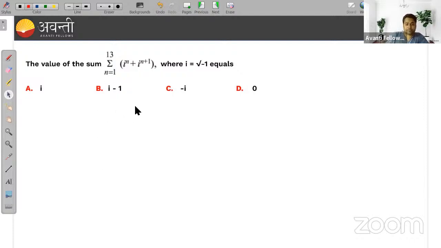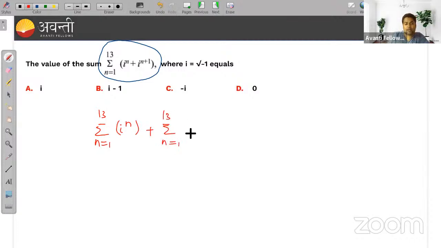To find the value of this summation or this series, just open the sigma. If you open the sigma, what will you get? Summation n equal to 1 to 13, you can write this as I to the power n, plus summation n equal to 1 to 13 of I to the power n plus 1.